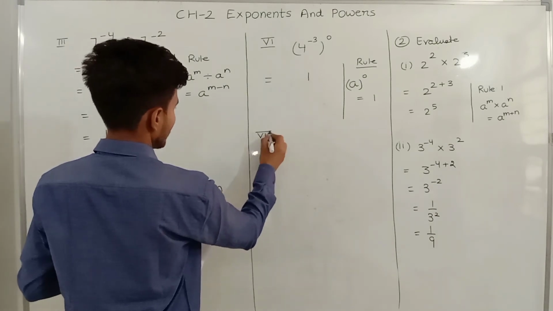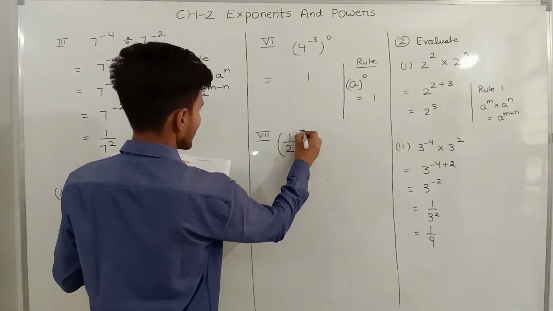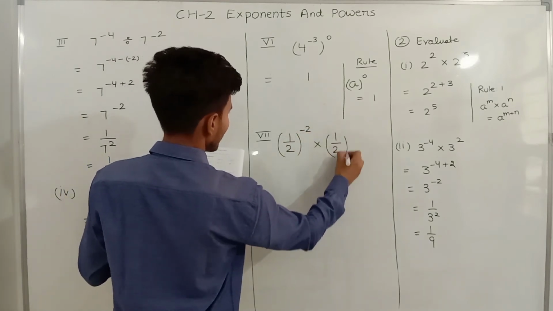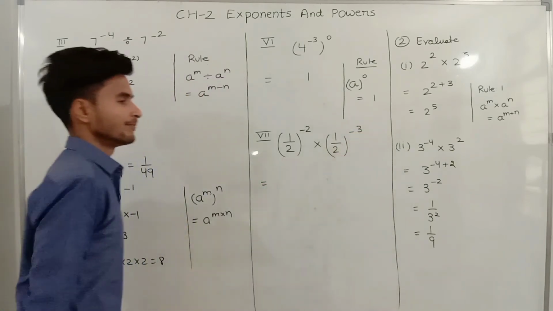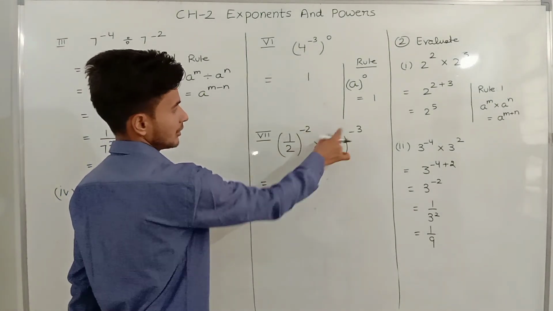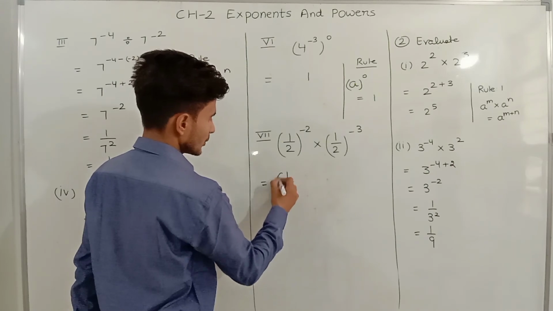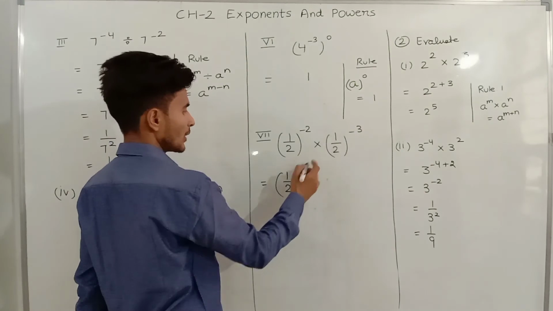7th part, 1 upon 2 whole power minus 2 into 1 upon 2 whole power minus 3. Can you solve it? Yes, here also base is same and we have to do multiplication, so powers we have to add. Base we have to write a single time, 1 by 2, and powers we have to add.